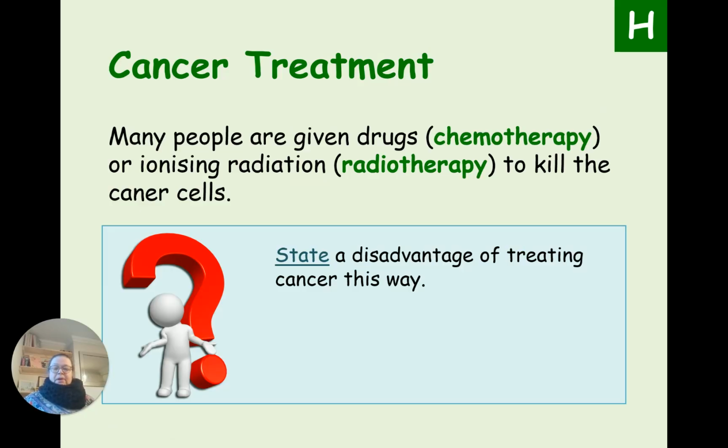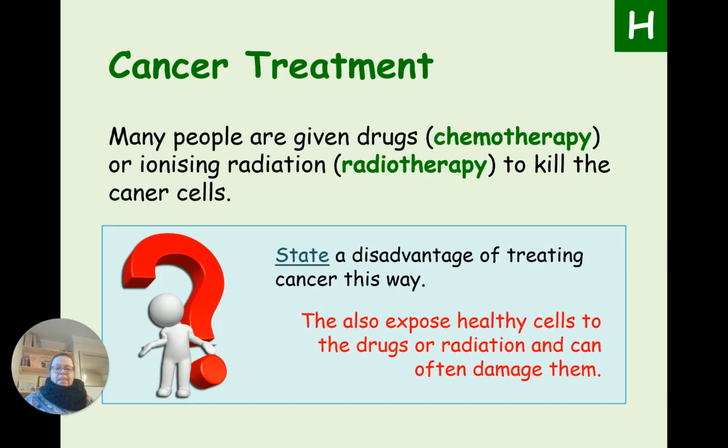So now we need to think about kind of advantages, disadvantages. So if we use this for cancer treatment, for chemotherapy or radiotherapy, state a disadvantage of treating cancer this way. So what would be a disadvantage of chemotherapy and radiotherapy? Have a think, and I'll put the answer up now. They also expose healthy cells to the drugs.